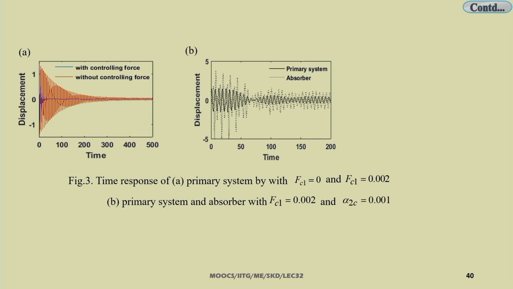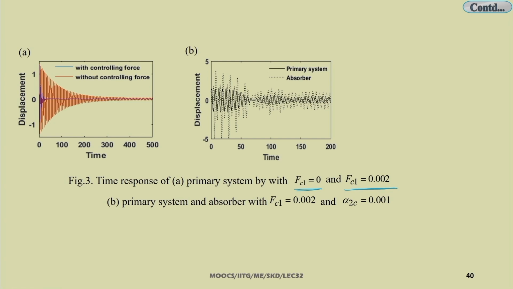In the first figure we have taken Fc1 equal to 0, which is without control force, and then by applying a very small control force, Fc1 equal to 0.002, we can see the settling time is very small.